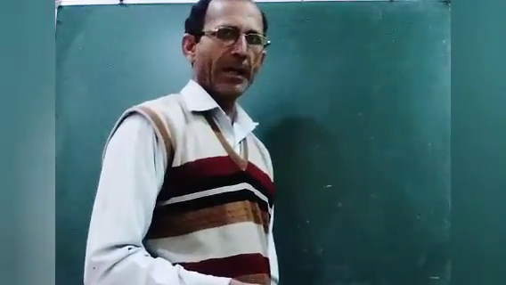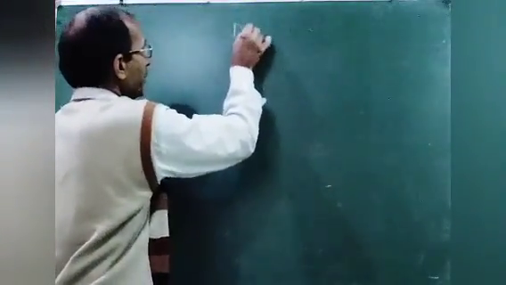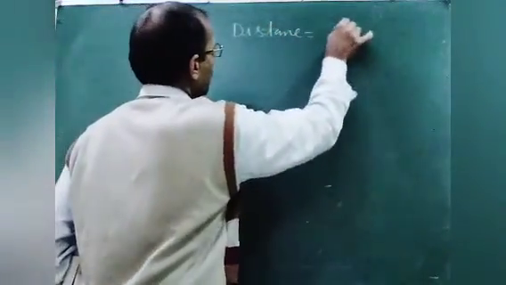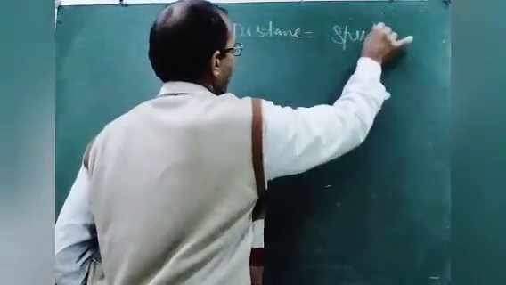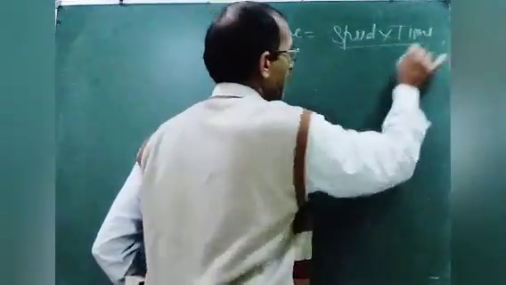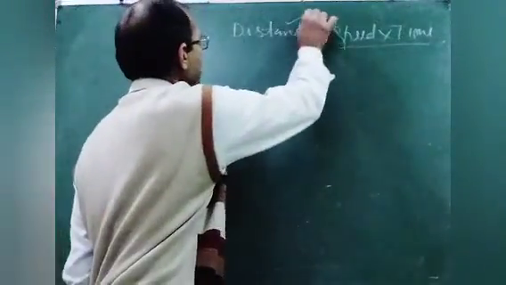First, I would like to tell you about the speed, distance and time formula. If you have to find distance, it will be equal to speed multiplied by time. So this is the formula for finding the distance.